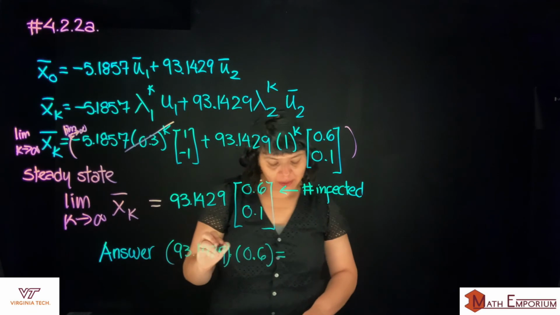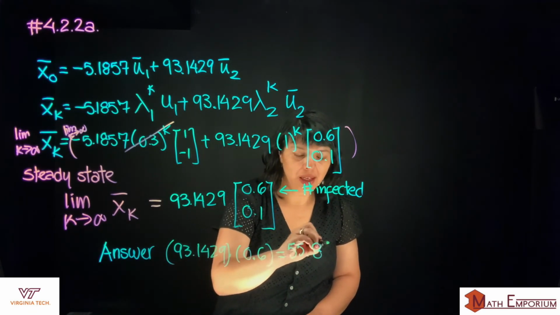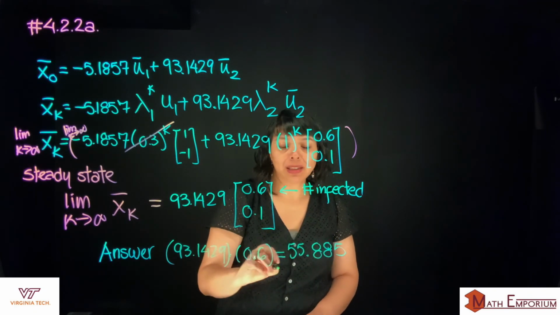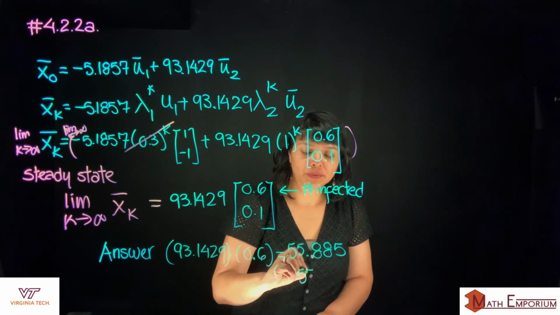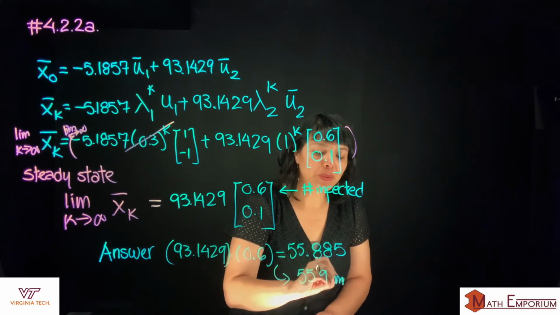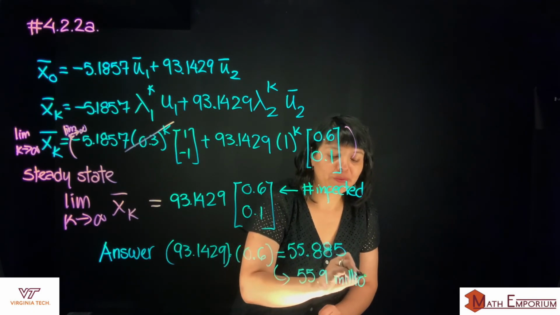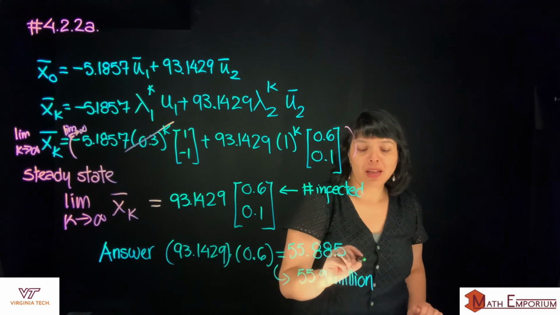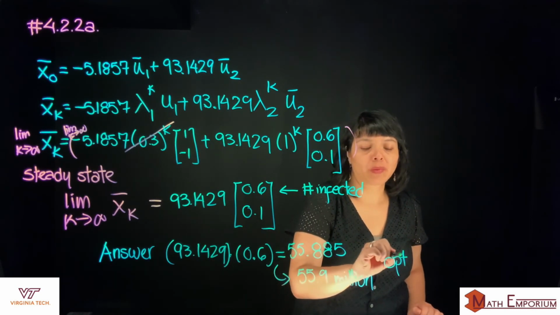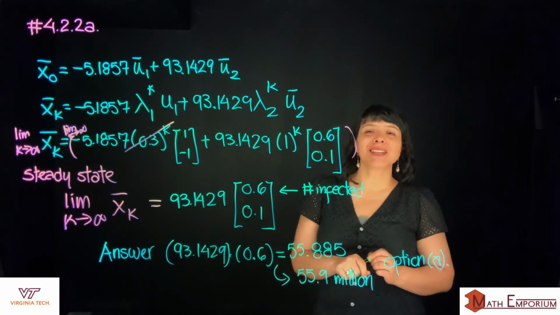And that gives me 55.885. When I round it, this rounds to 55.9 million. Remember that the units were million of bacteria. And that means that the answer is option A. And that's it. That's how we arrive to the answer.